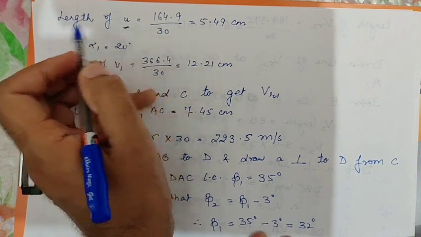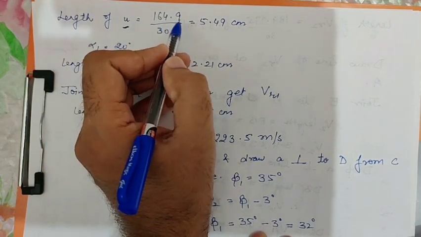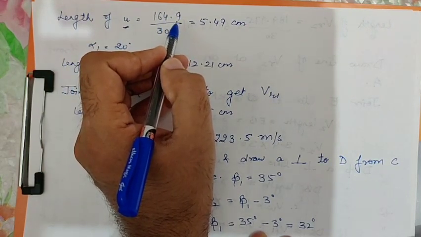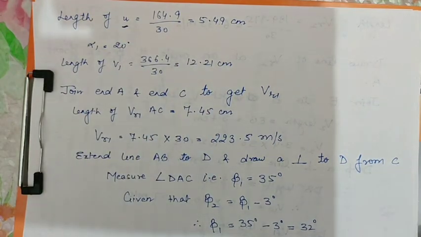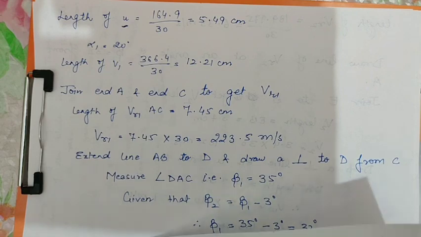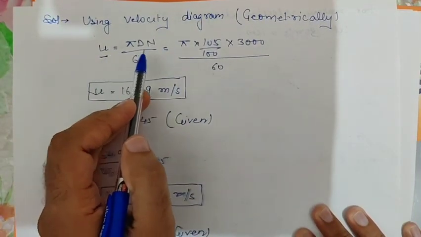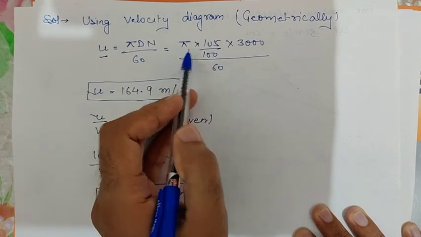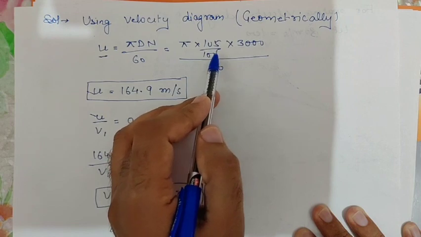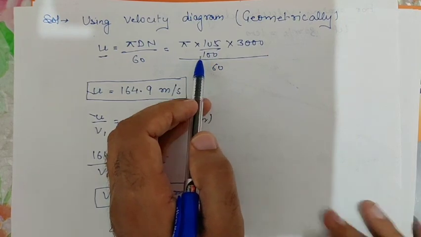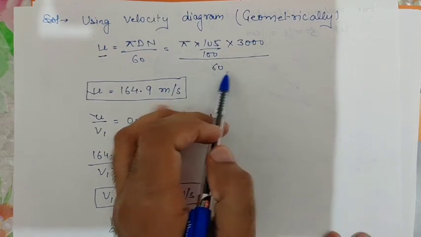The value of U is 164.9, that we have calculated in this way. U equals pi d n by 60, pi into 105 by 100. 105 is the diameter of the blade, and I have divided by 100 because we have to find it in meter, into 3000, that is the RPM, divided by 60.